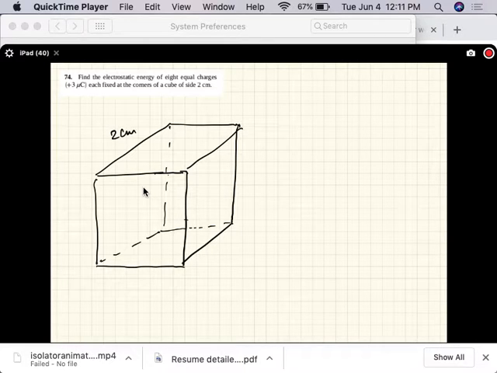Okay, so there's the cube, and there are charges, all positive charges at the corners of the cube.